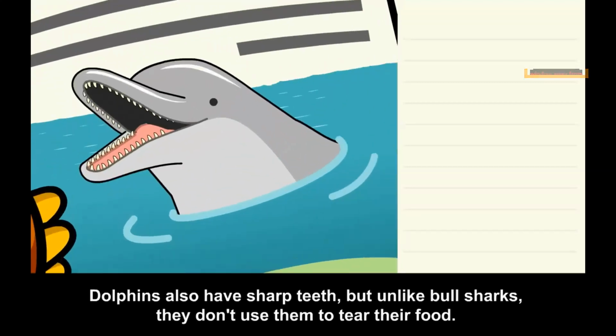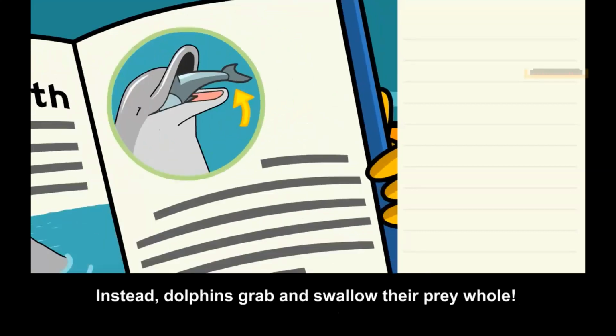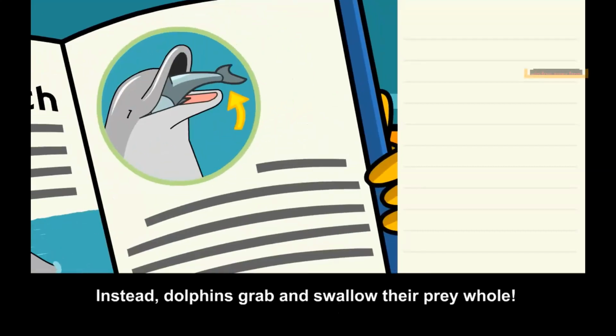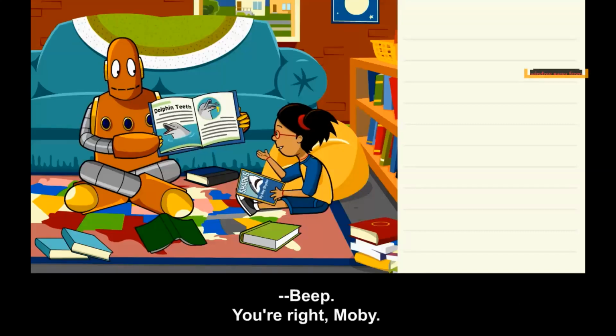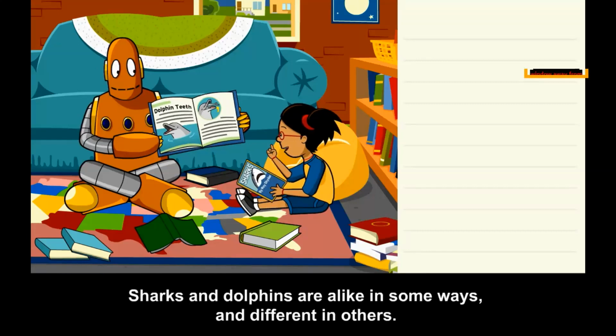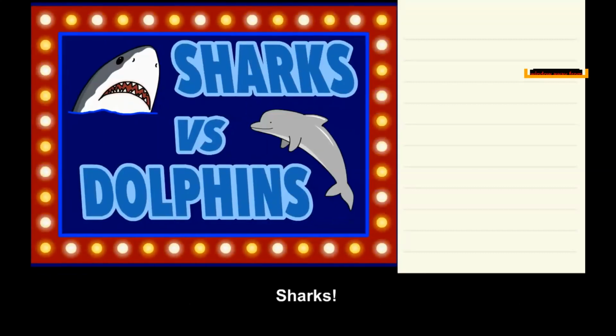Dolphins also have sharp teeth. But unlike bull sharks, they don't use them to tear their food. Instead, dolphins grab and swallow their prey whole. You're right, Moby. Sharks and dolphins are alike in some ways, and different in others. Looks like we need to play Sharks versus Dolphins!